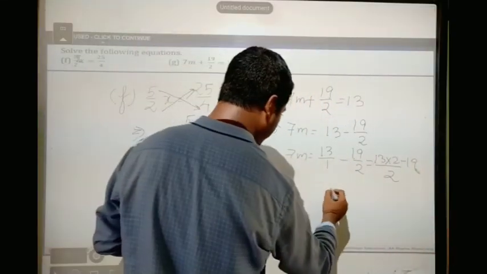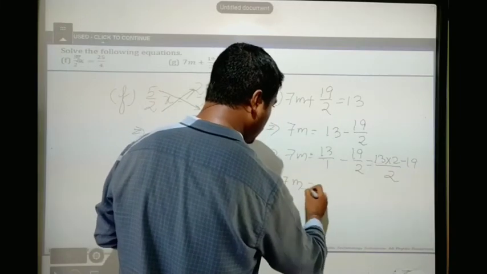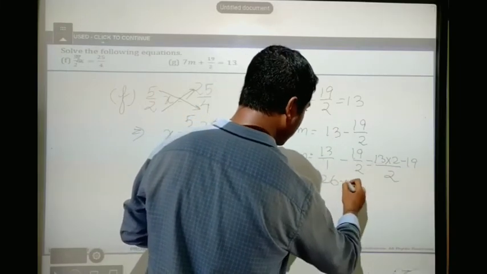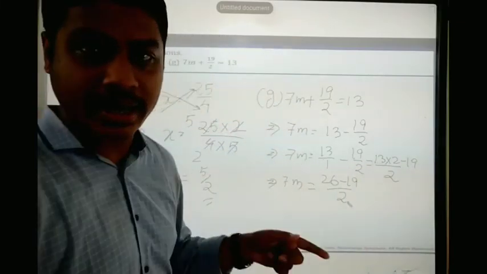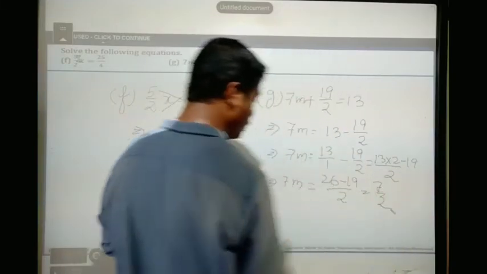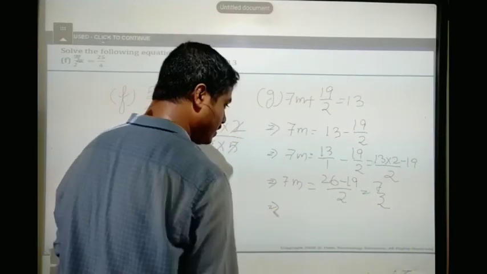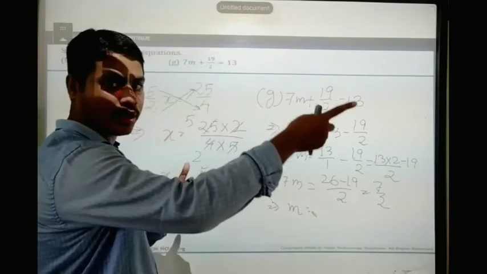Okay, next step. 7m equals 26 minus 19 divided by 2. So 26 minus 19 is 7. So it will be 7 by 2. Implies m I will be putting on the left hand side, the other terms on the right hand side.